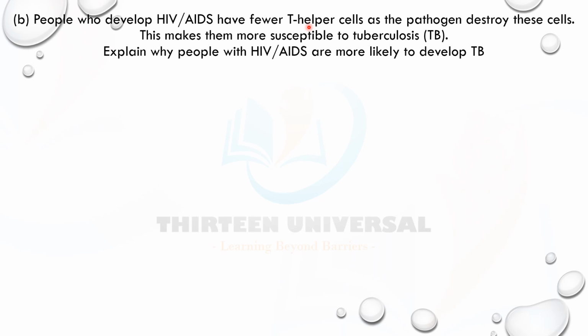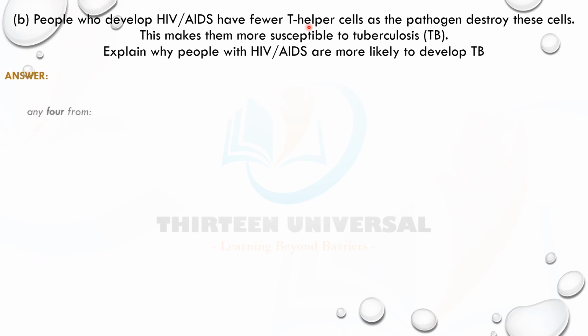Of course, they differentiate to form plasma cells, so fewer antibodies are made. So there is less humoral immune response. Also, fewer T killer cells are stimulated, so fewer pathogens are destroyed.